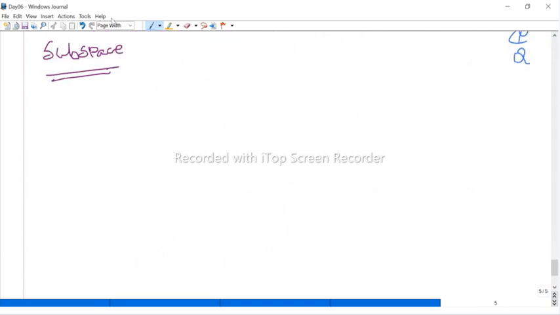Just go through the book, you will get the definition. Now, what do you mean by subspace? Suppose we have a subset W of a vector space V. What is given? V is a vector space over the field F. Suppose we take some non-empty subset, W is a subset of V. Then W is a subspace.